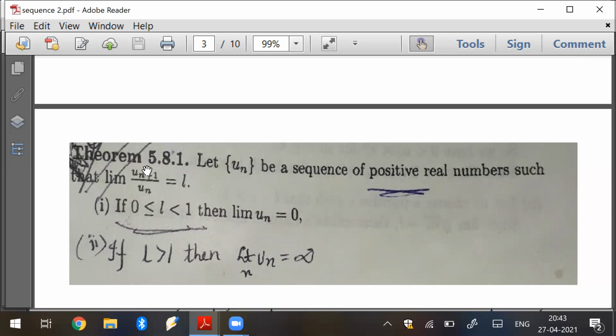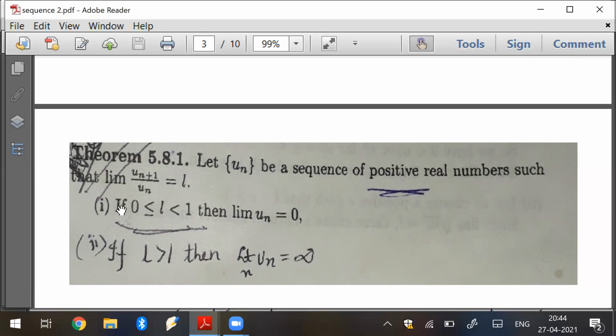So if you create a sequence like this, then you take the limit of that sequence. That sequence, if you take the limit and you say this is L, suppose I name it as or denote it as a symbol L, then depending on the nature of L, I can comment about the convergence of the original sequence. Okay, so these are the two conditions which have to be checked over this L.